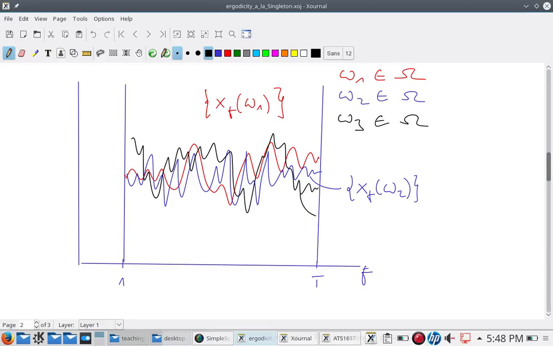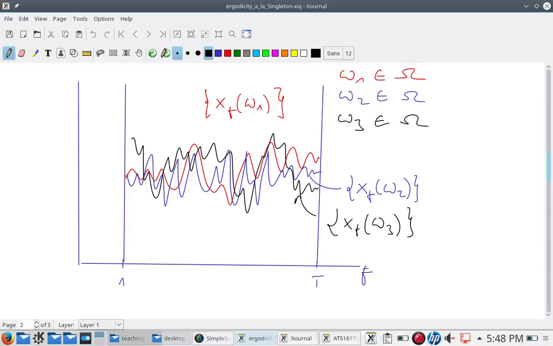The black one, same thing. It's a sequence of real numbers, which depend on this omega 3, and this is what we get. No? Three draws from omega give us these three realizations of these big T random variables that we have here. Now, how can we conceive of these omegas, these small omegas?